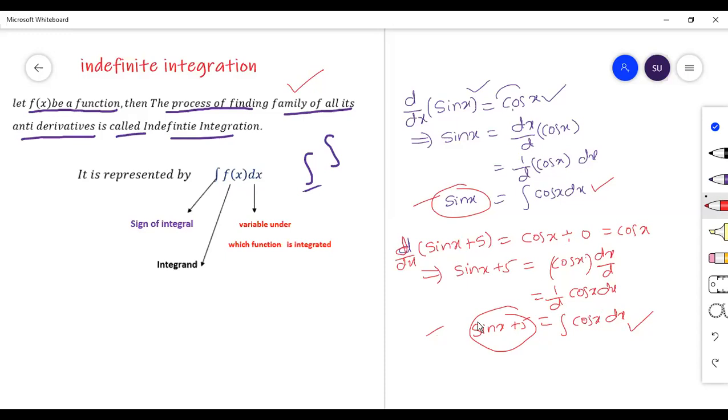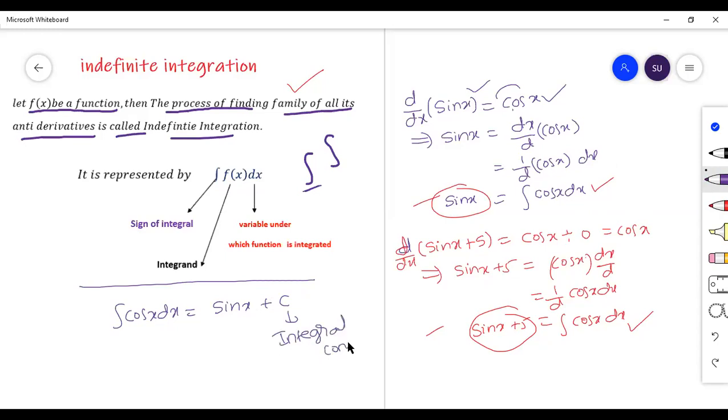So to get a combined solution, we write the integral of cos x dx as sin x plus c, to compensate for all these solutions. Here c is called the integral constant.